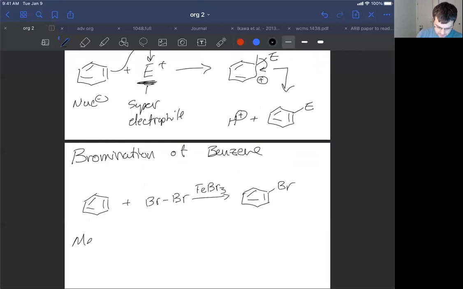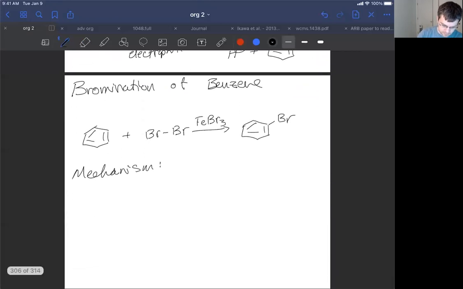Now the mechanism for this, well, actually, let's first make our super electrophile. Unless the super electrophile is already generated, that's the first part of the mechanism in every case.